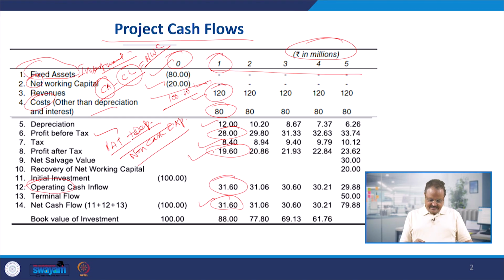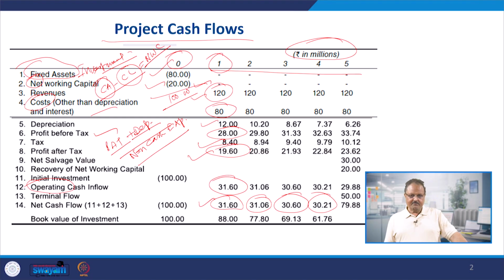Similarly, we work out the cash flow for the second operating period, which comes up as 31.06. The third year is 30.60, and the fourth year is 30.21. So these are the four normal operating cash flows. For the first 4 years, the inflows are available with us. Outflow is 100 million.